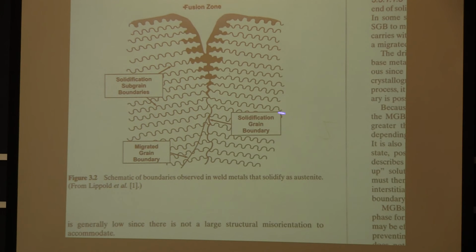And then sometimes what happens, after the two solidification fronts have come together, that boundary is a little bit wavy or tortuous, and you get something called a migrated grain boundary, which is this boundary that is kind of straightened out or moved. And the reason it does that is to reduce the energy of that tortuous solidification grain boundary.